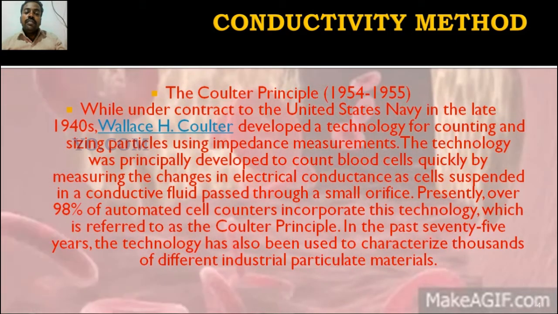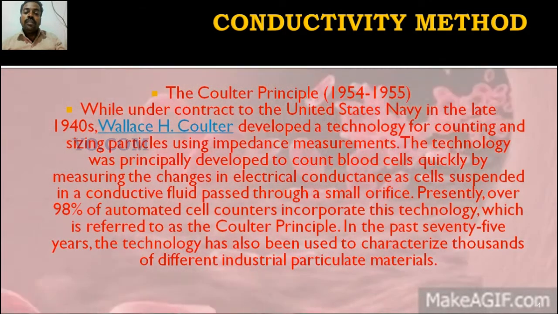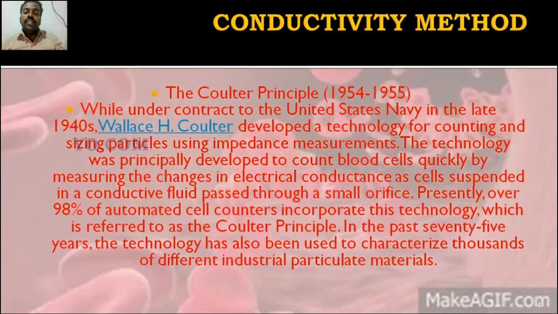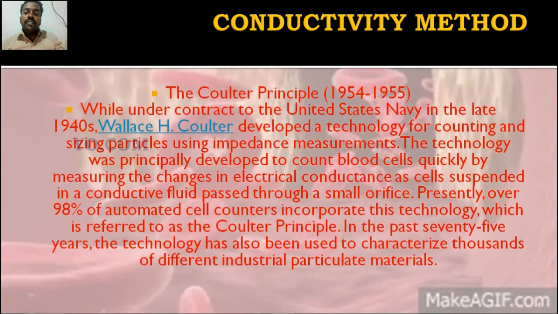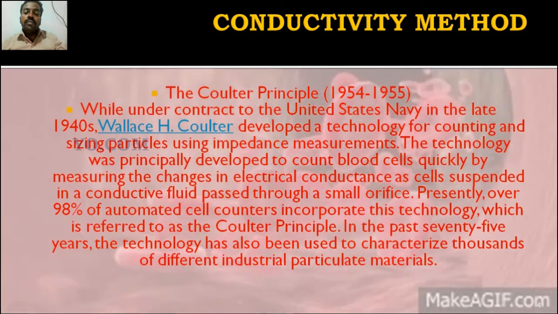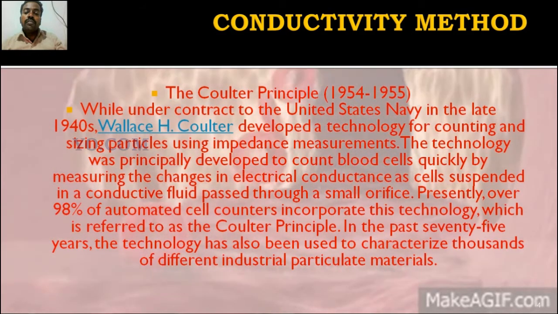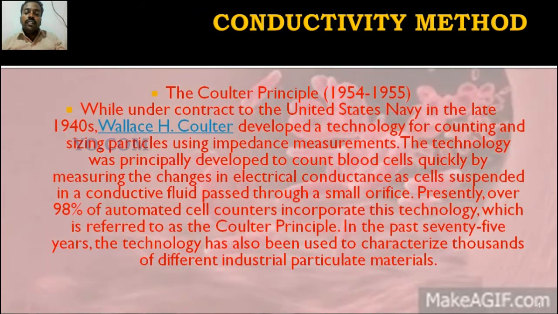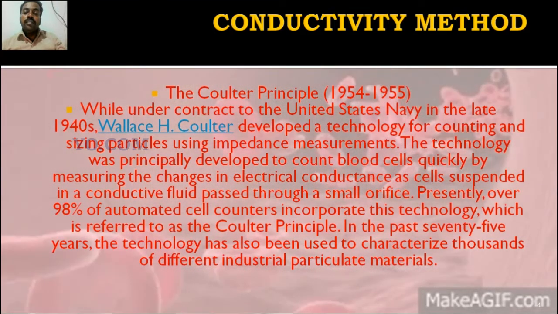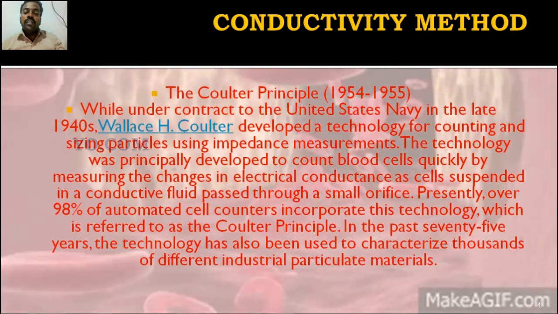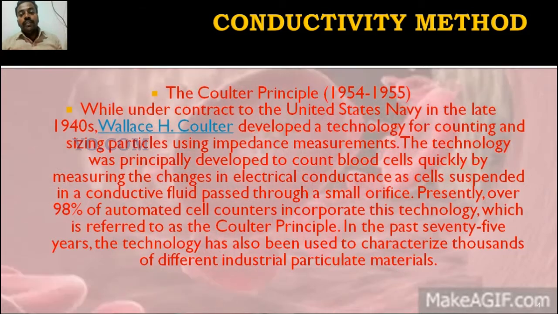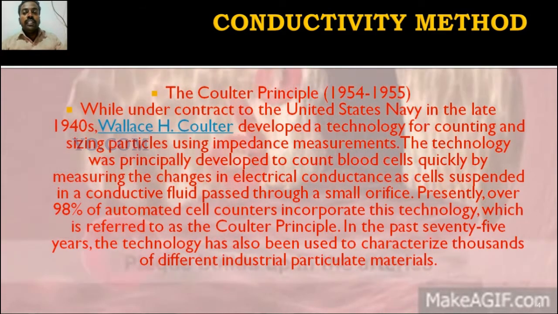The technology was principally developed to count blood cells quickly by measuring changes in electrical conductance as cells suspended in a conductive fluid pass through a small orifice. Presently over 90% of automated cell counters incorporate this technology, which is related to the Coulter principle.